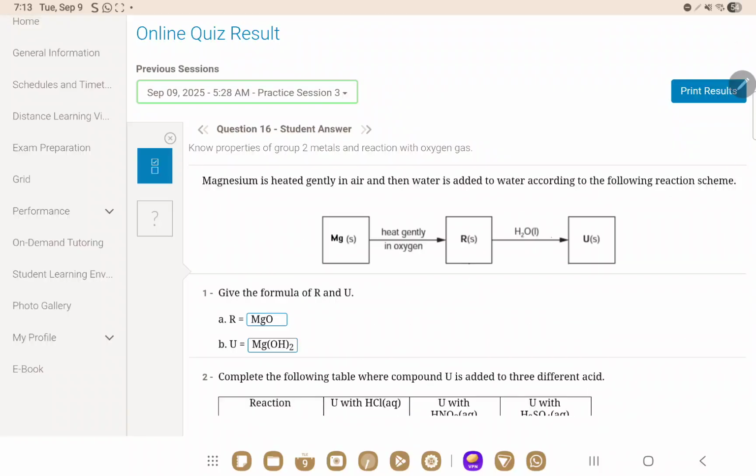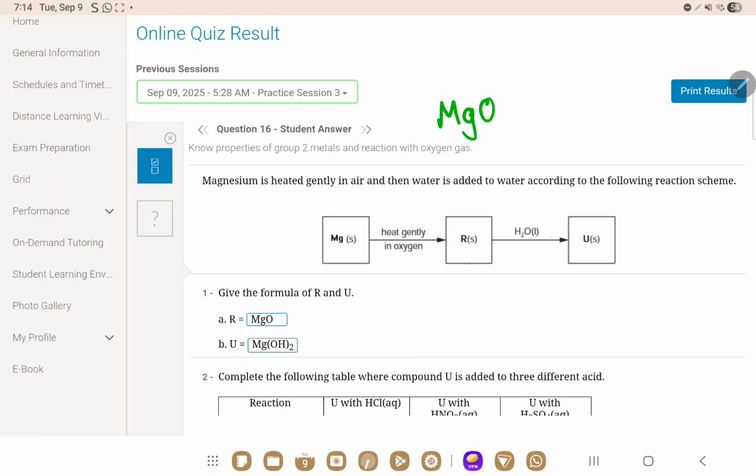Let's move on. Here, when Mg heats gently in oxygen, it's just going to be 2MgO as your product, so it is MgO there because they don't want you to know how much.